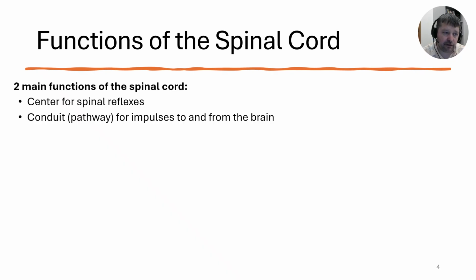And then conductive pathways. Okay, so this would be an impulse that is sent to the brain, and then an impulse that is sent back from the brain. Okay, so it's basically a highway of action potentials, going one way, coming back from the brain, etc.